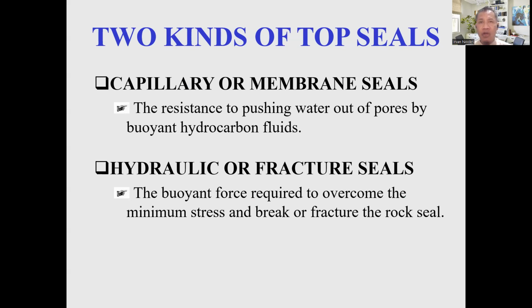Understanding hydraulic or fracture seals is very crucial in assessing the integrity of subsurface reservoirs, predicting fluid flow pattern in the subsurface. These two types of seals play a crucial role, especially determining the containment and the migration of hydrocarbon fluid within the subsurface.